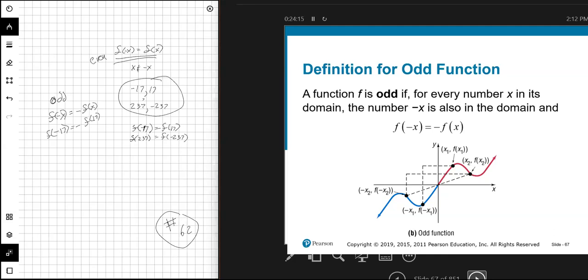If it's even, opposites are in the domain, but when you take the function of those two numbers, you'll get the exact same number back. So they'll give you the same value back for those two different numbers.